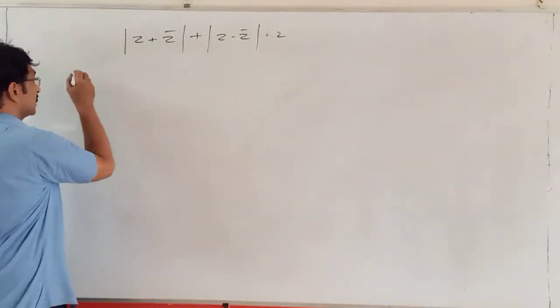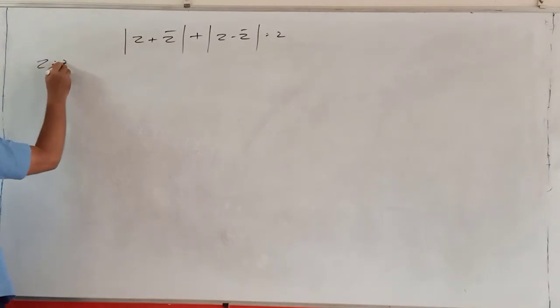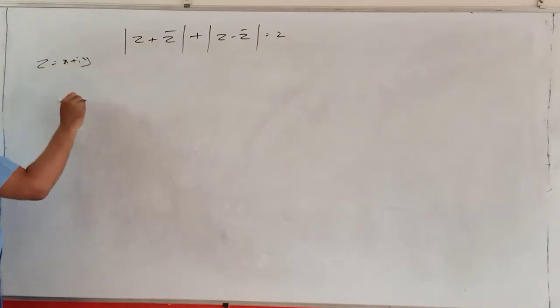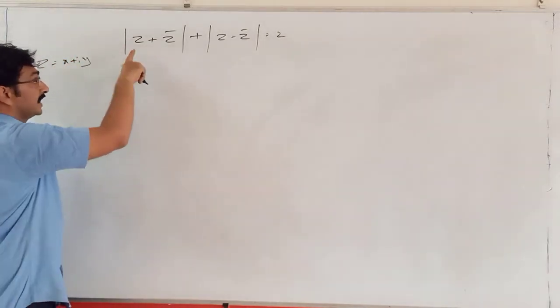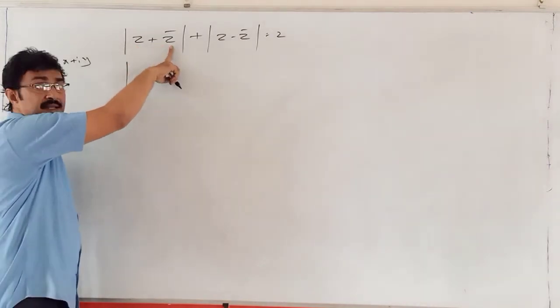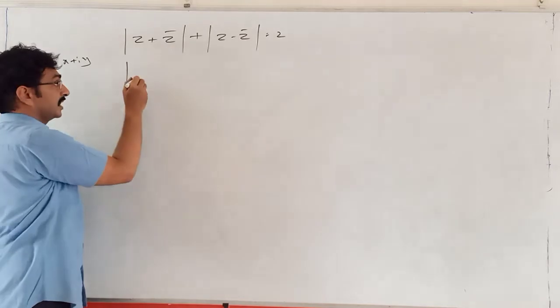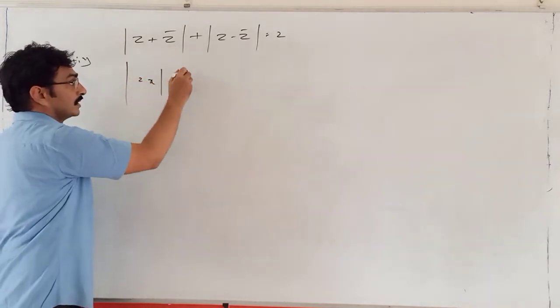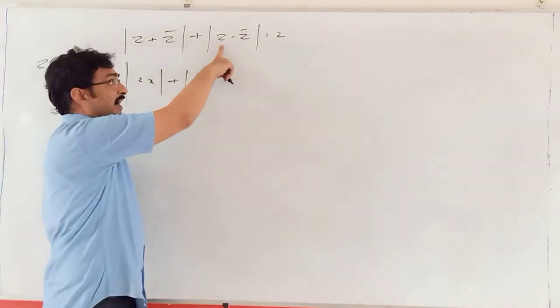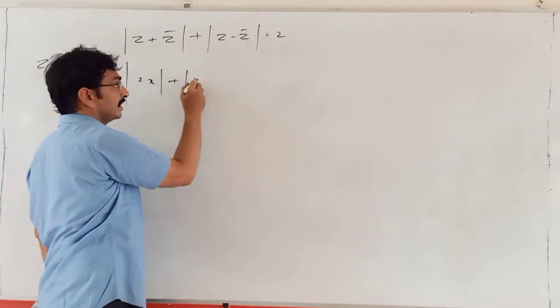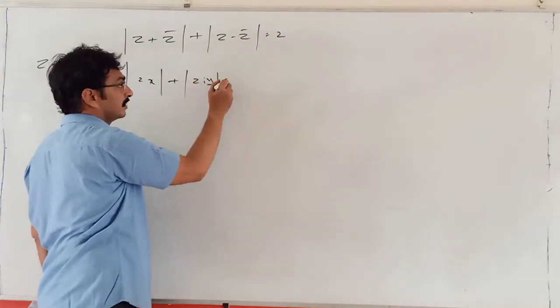Same, locus of z is required. So we have to assume z equal to x plus iy. If z is x plus iy, z bar is x minus iy. So x plus iy plus x minus iy is 2x. Similarly, x plus iy minus (x minus iy) is 2iy, equal to 2.